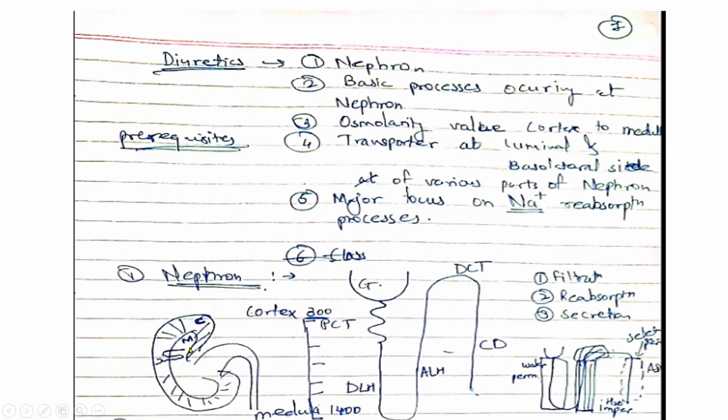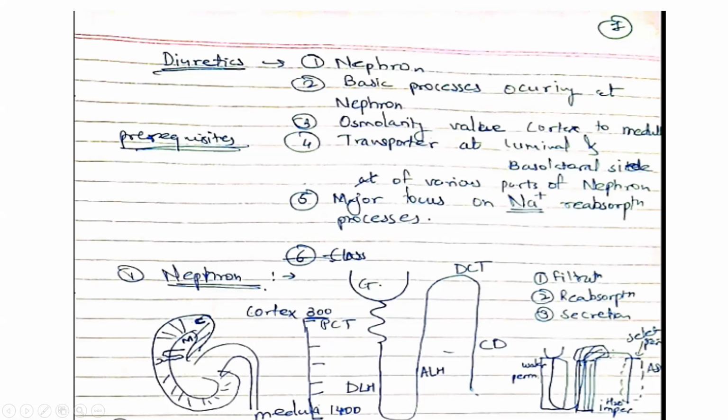From cortex to medulla there is a difference in osmolarity value, and it keeps on increasing. From 300 milliosmol, it goes to 1400 milliosmol. So the concentration of solute is highest in the medulla.